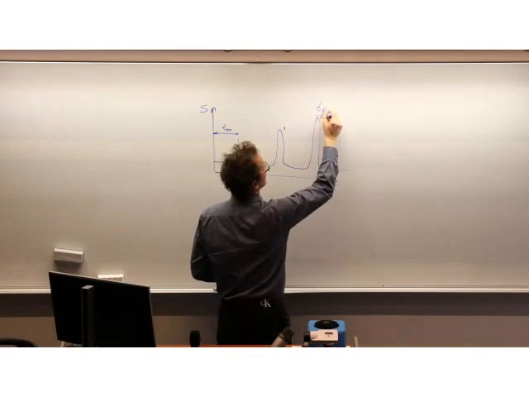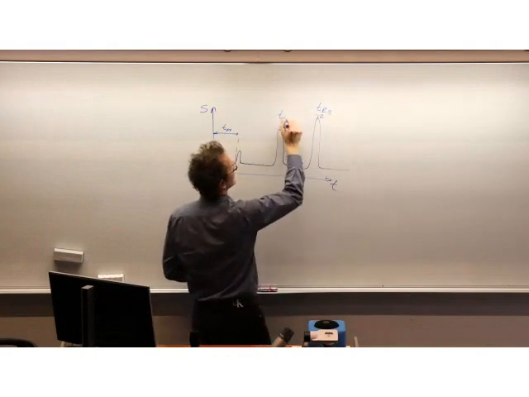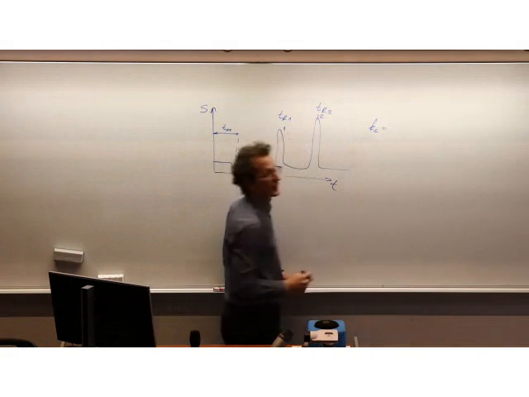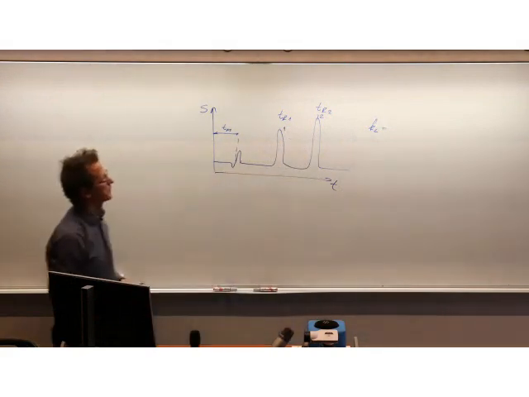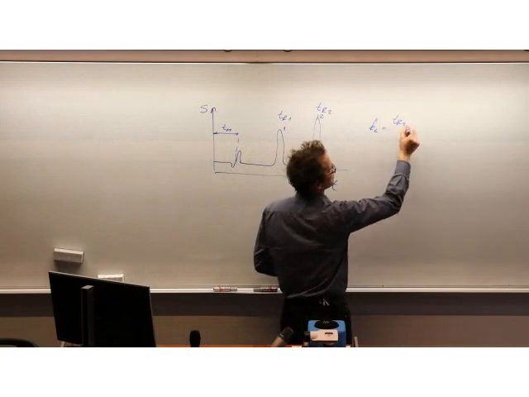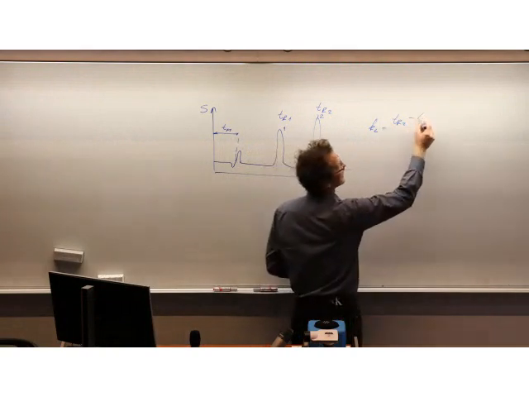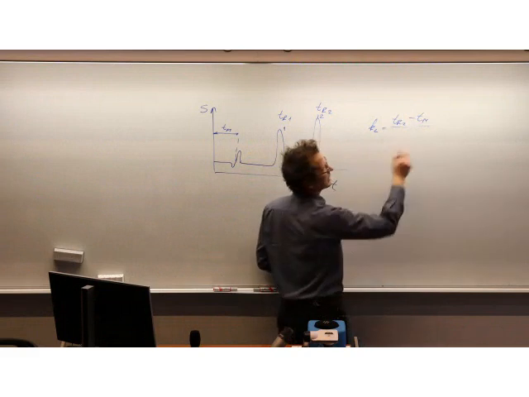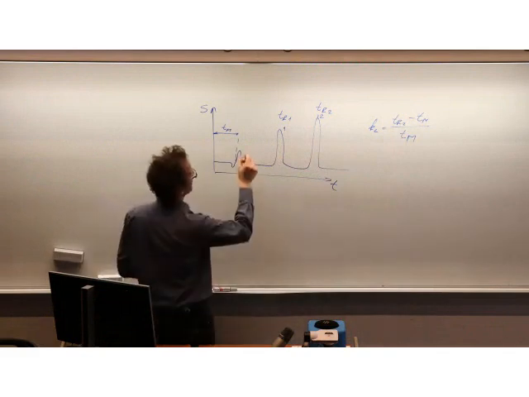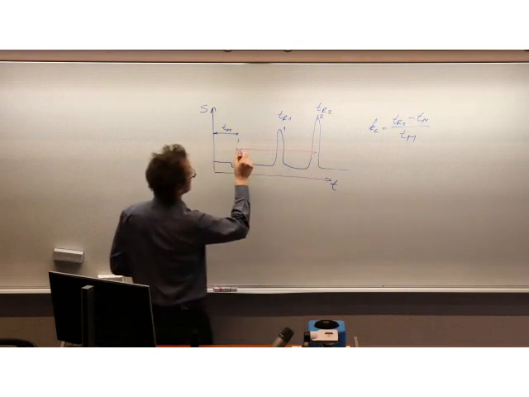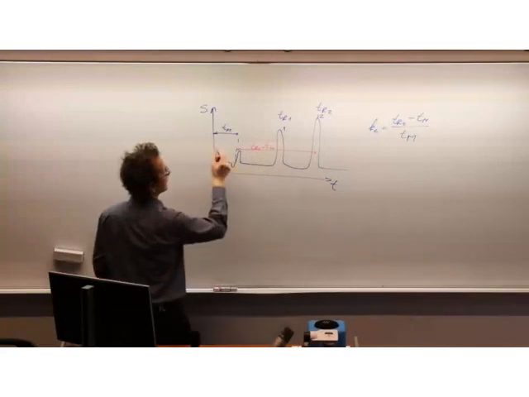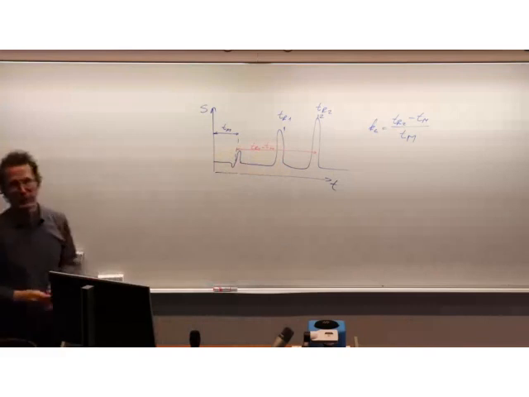This is TR2, TR1. K2 equals TR2 minus Tm divided by Tm, which means we are speaking about this distance, which is TR2 minus Tm divided by Tm. Okay.